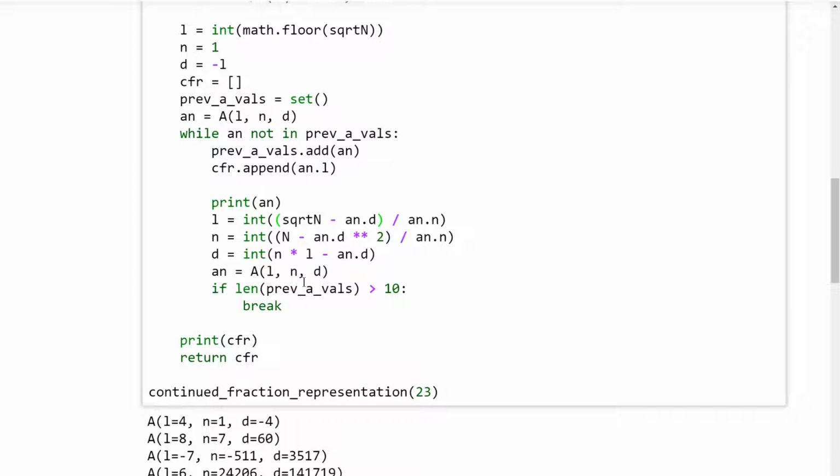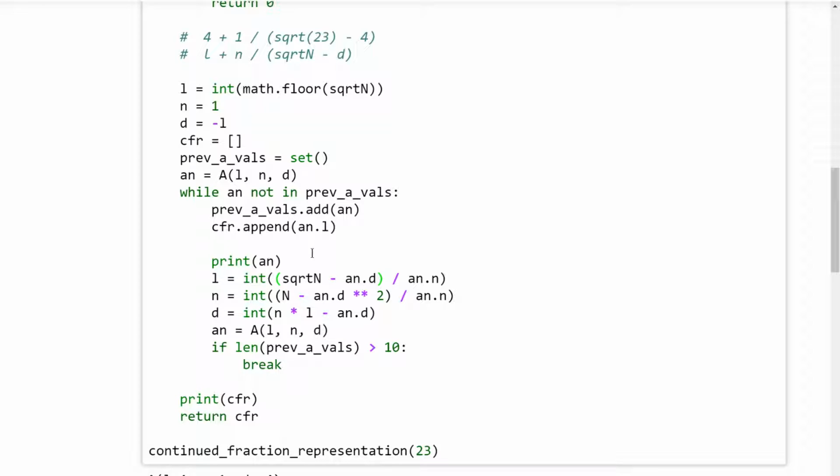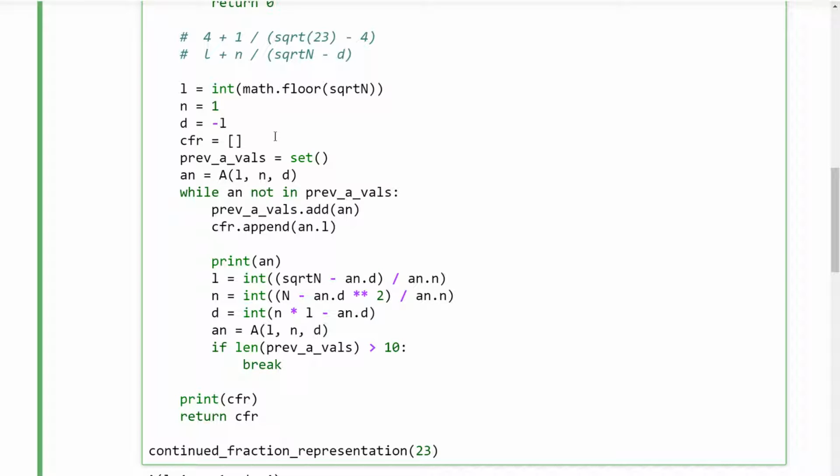The initial value of E and D when the initial value... This should be int square n. And the initial value should be int of square root of n. D0, it's 4.